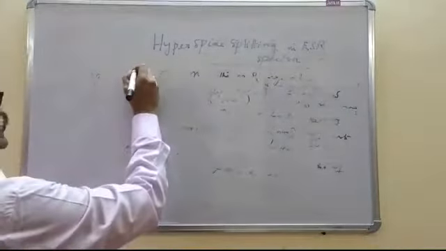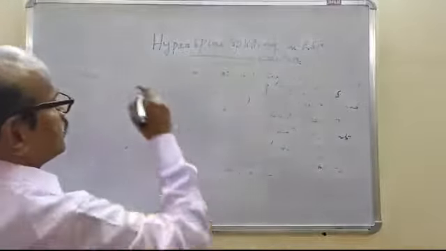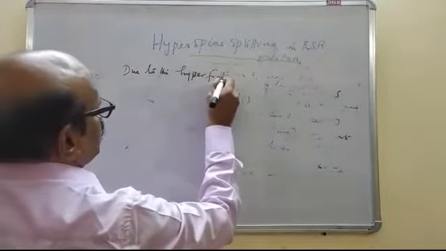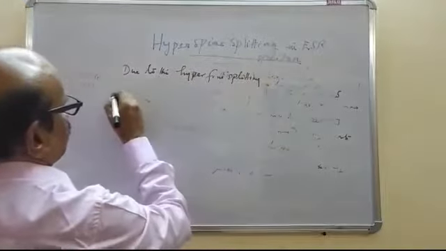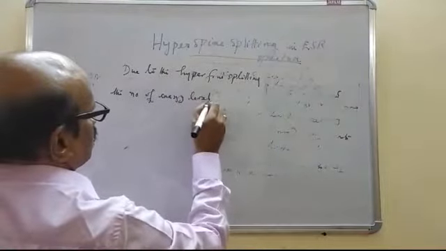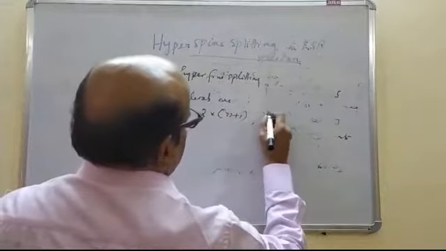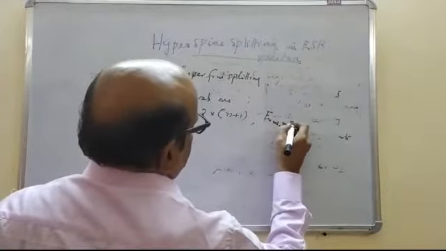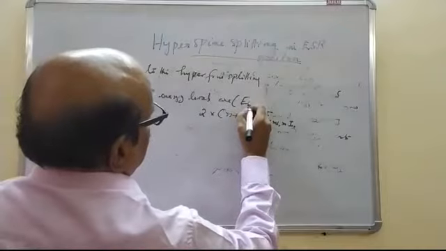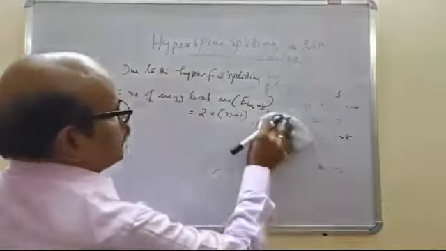Due to the hyperfine splitting, the number of energy levels E(Ms, Mi) is equal to 2 into (n plus 1).